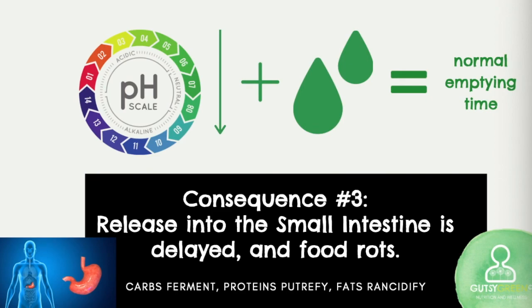Usually, the conditions that need to be met in order for this emptying to happen normally are a low pH, as well as the food being in a liquefied form absent of large undigested particles. This is the safe part of the safe sludge.